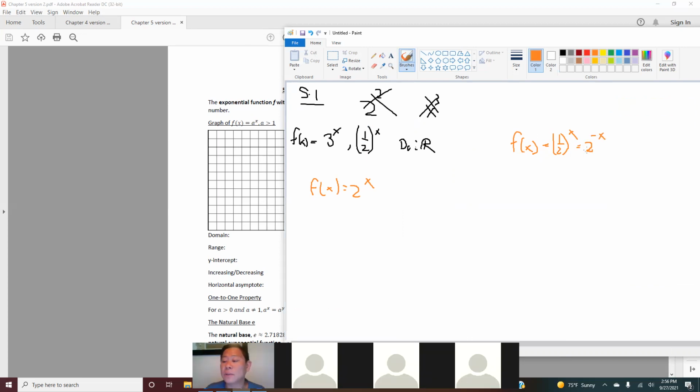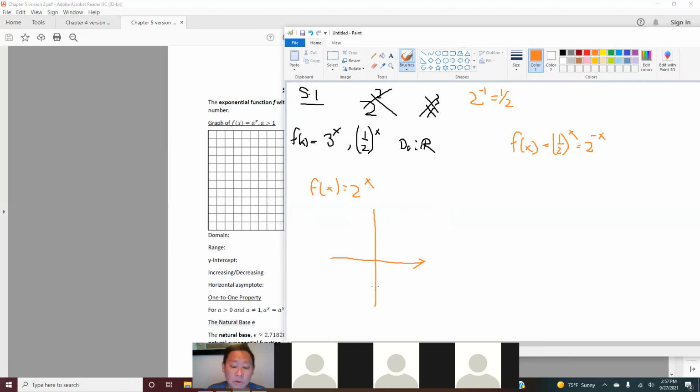The reason is that in exponents, if you remember 2 to the negative 1, we can write this as 1/2. So when you say negative exponents, it means 1 over it. We're going to do this one first, and then after we do the one with the fraction, like (1/2)^x or 3 to the negative x, which is 1/3. So let's draw this graph first.